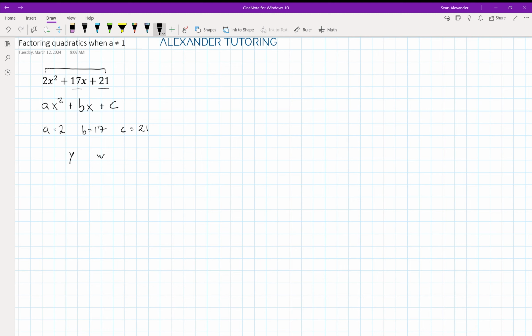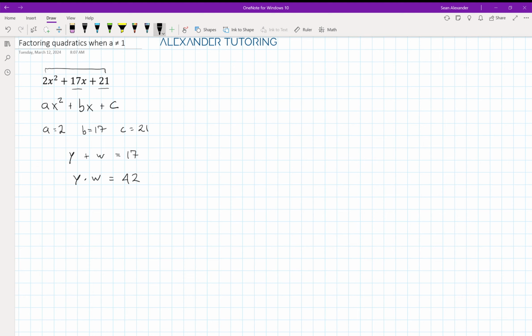Okay, so we want two numbers that when added together give us the b term, 17, and when multiplied together give us the product of the a and c term. In this case, 2 times 21 is 42.